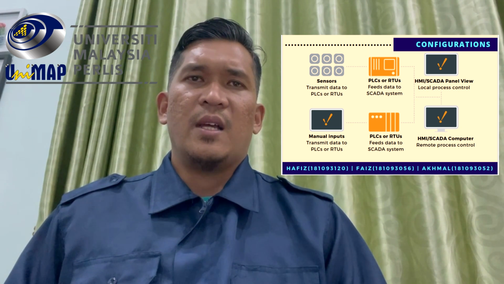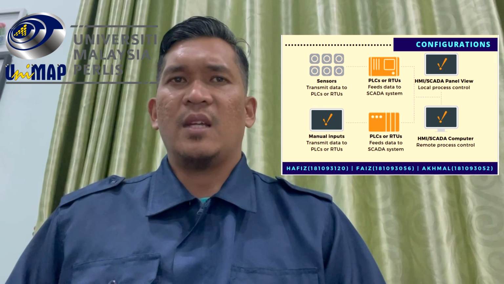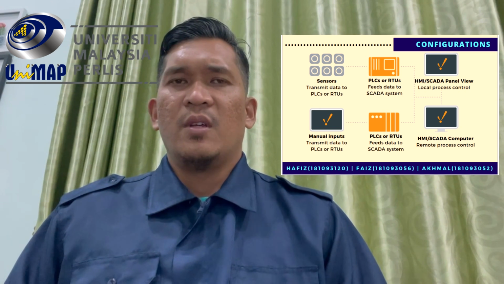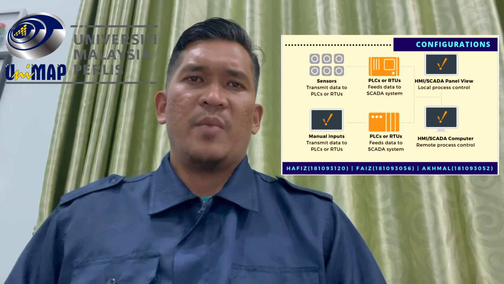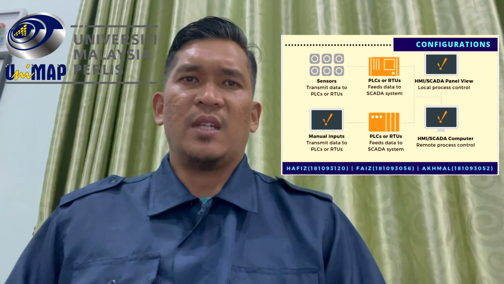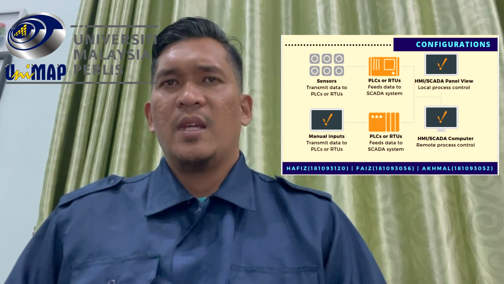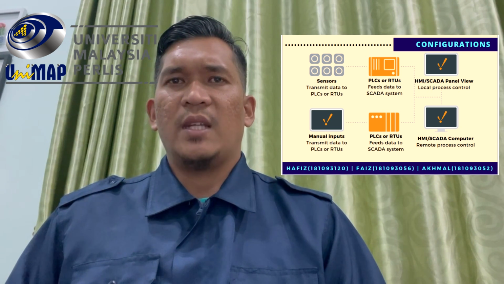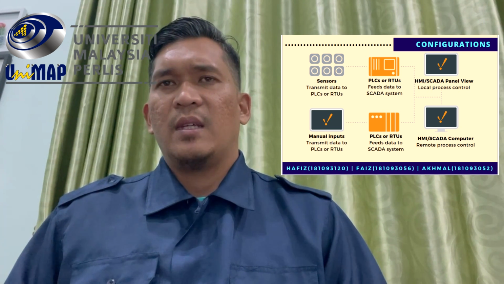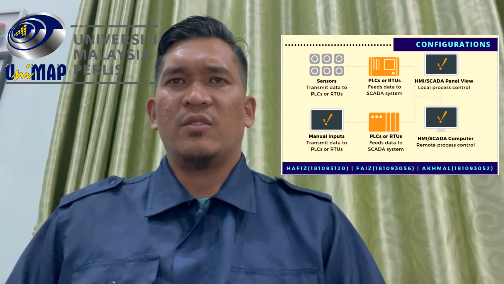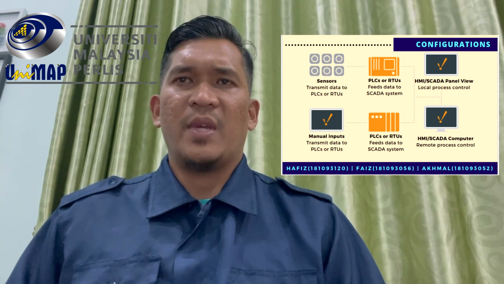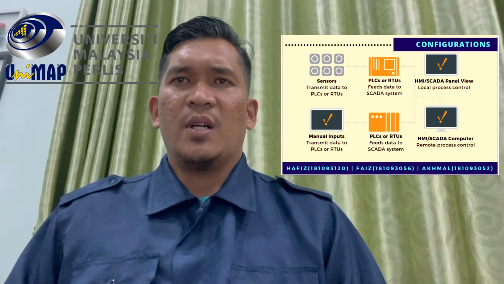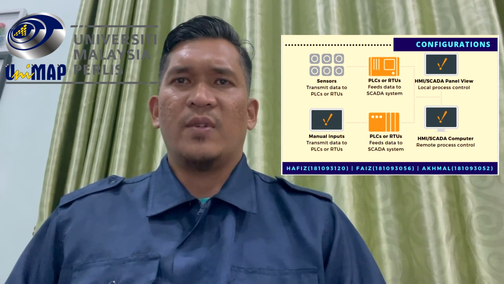Firstly, sensor transmits data to PLC or RTU, or manual input transmits data to PLC or RTU, and then PLC or RTU feeds data to SCADA system. After that, it is transferred to HMI SCADA panel view for local process control and for remote process control.